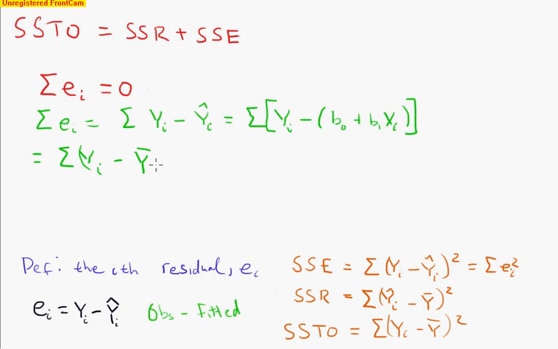If we distribute this negative, we have minus b1 x bar, but remember this relationship, b naught is equal to y bar minus b1 x bar.